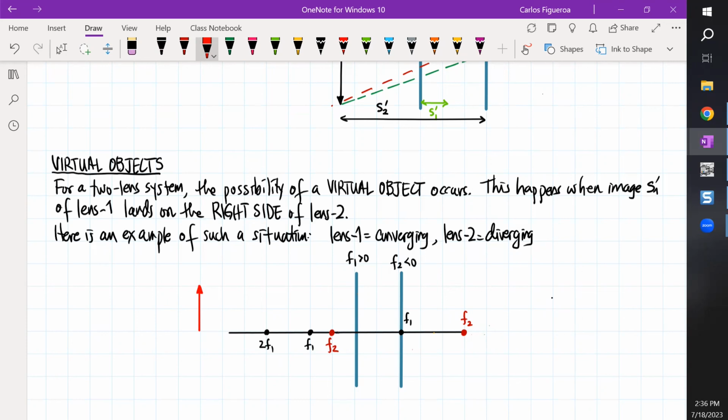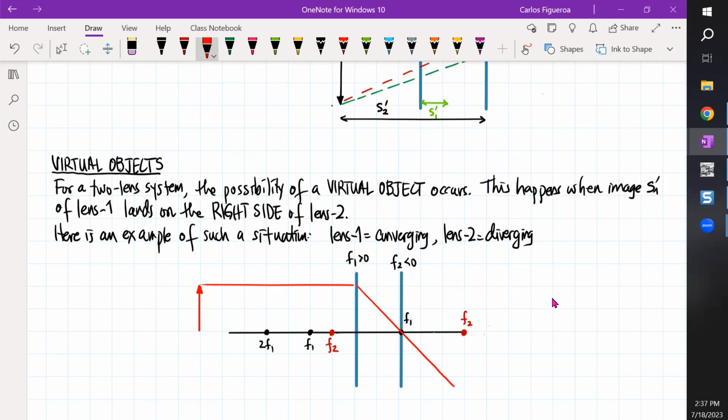And so now here's my first ray. Ray number 1 goes parallel, then it's got to go through the far focal point, which now goes like this.